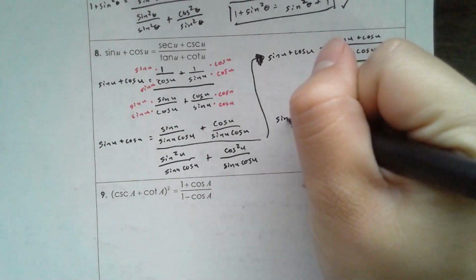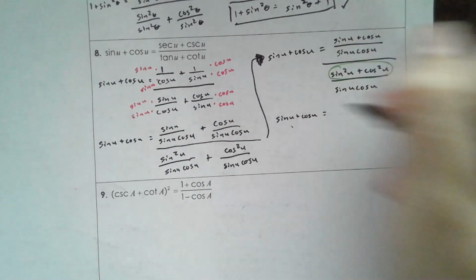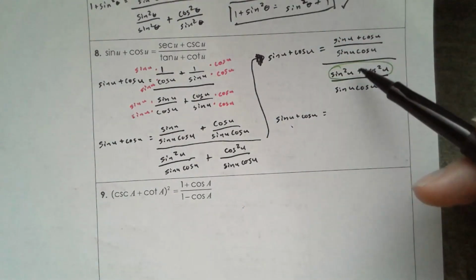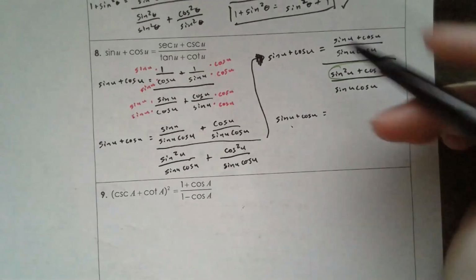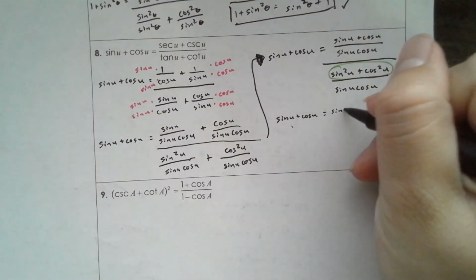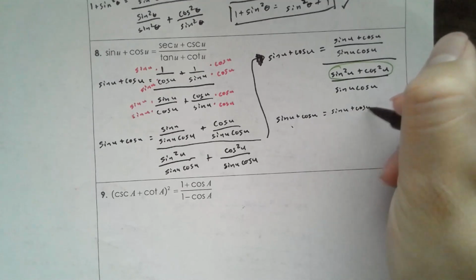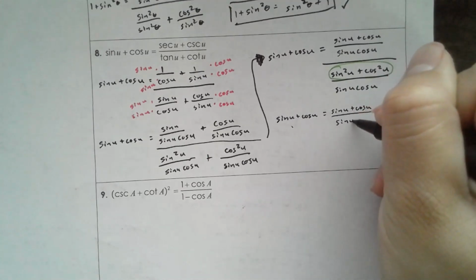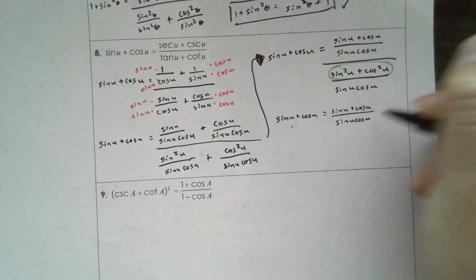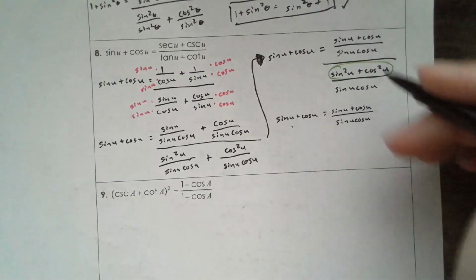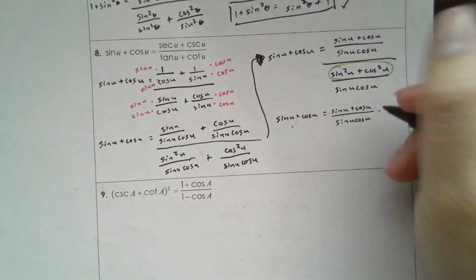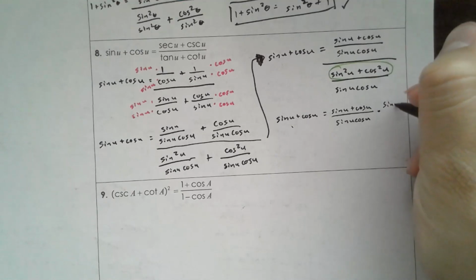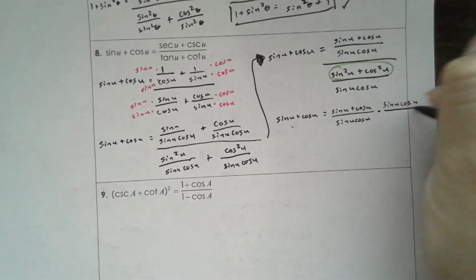You have a fraction over a fraction, divide by a fraction, multiply by the reciprocal, so then I'm going to have sine u plus cosine u over sine u cosine u, so that's this top one, okay, times the reciprocal of the bottom, sine u cosine u over 1, because this guy here became 1.